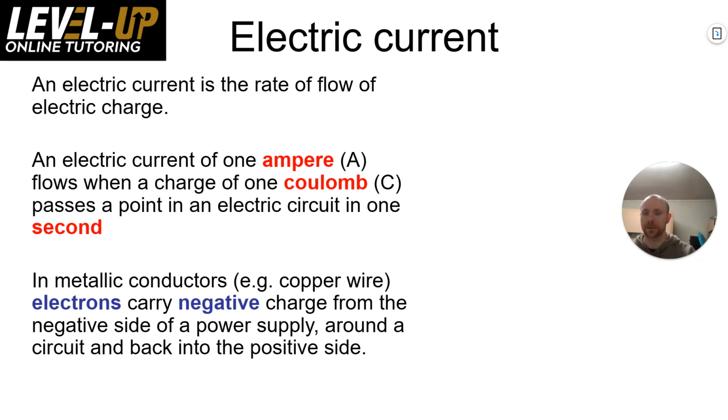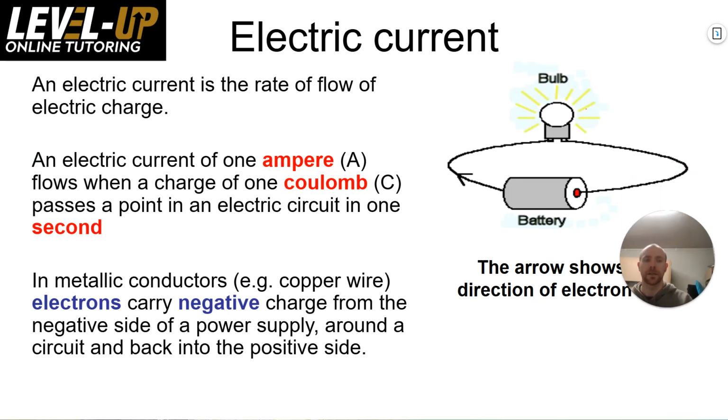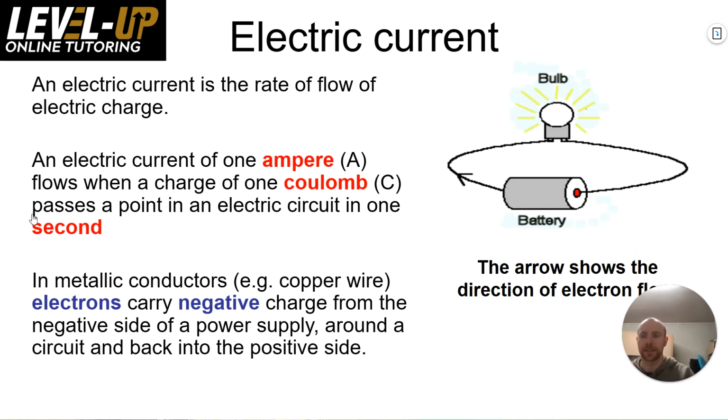So all metallic conductors that we talked about, they are carrying the electrons. They're carrying that negative charge from the negative side of the power supply, around the circuit to the positive. So you can just imagine this battery, which is transferring energy from one end here.